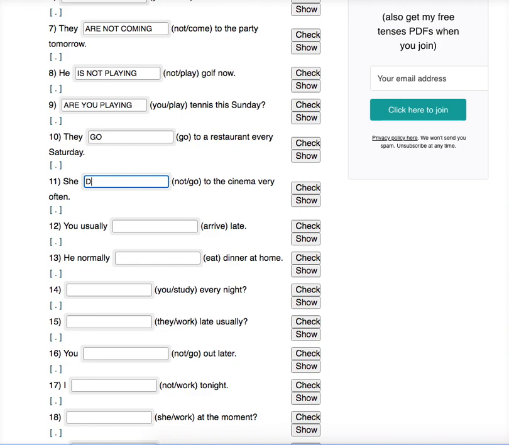She doesn't go. Acuérdate, she doesn't go. Doesn't. Acuérdate que con el she utilizas doesn't or does not. She doesn't, continue. She doesn't go to the cinema very often. She doesn't go to the cinema very often.